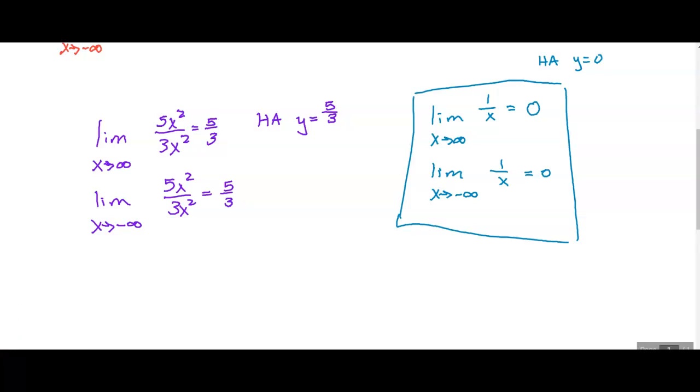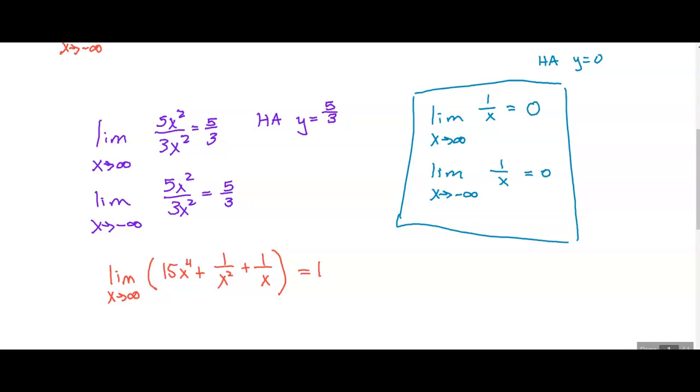Let's take a look at a function that looks like this. The limit as x goes to infinity, and I'm just going to make some stuff up here, of 15x to the fourth plus 1 over x squared plus 1 over x. What you can do here is take these limits all separately.